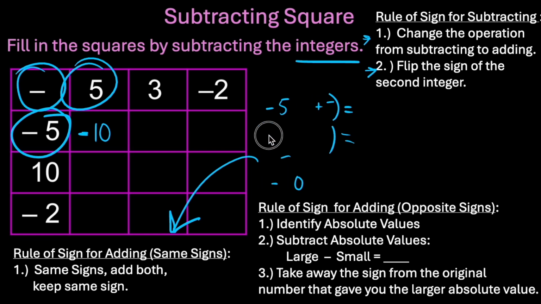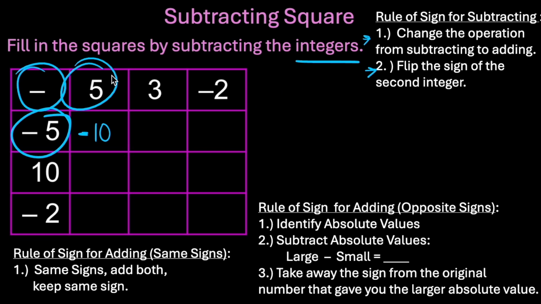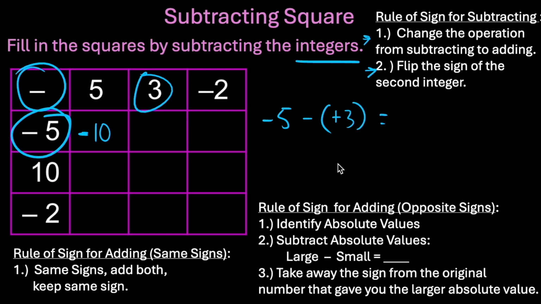All right, let's do the next problem. Now we have -5 minus +3. Let me just write +3, it's the same thing, I just want to show the positive sign next to the 3. So let's use the same rule of sign for subtracting.